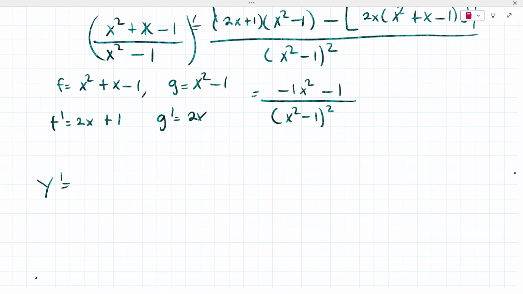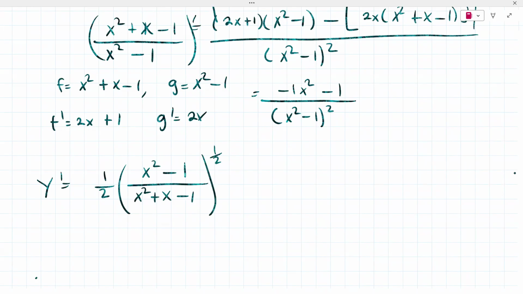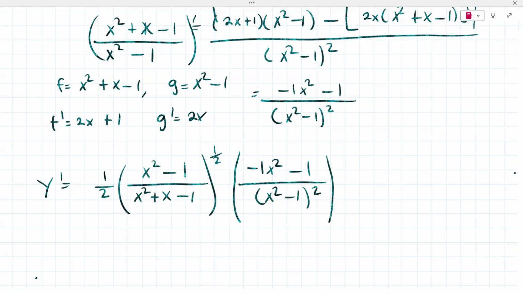So, wait, what do we have now? So this is what we have. We have 1/2 of (x² - 1) over (x² + x - 1) raised to the 1/2, times negative 1x squared minus 1 over (x² - 1) squared. And what could we do? We can rewrite that power of 1/2 as a square root.